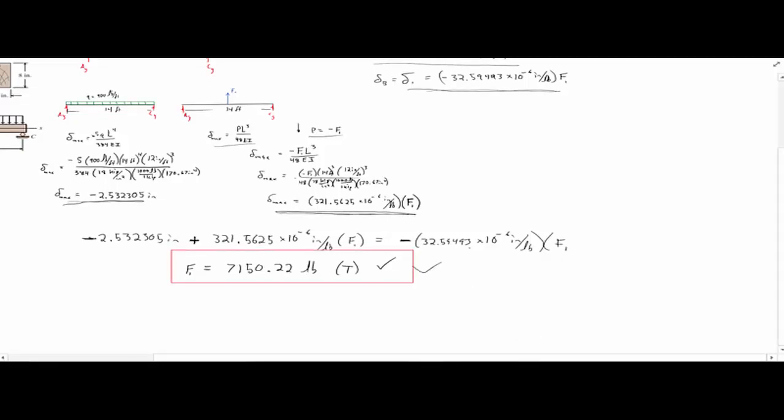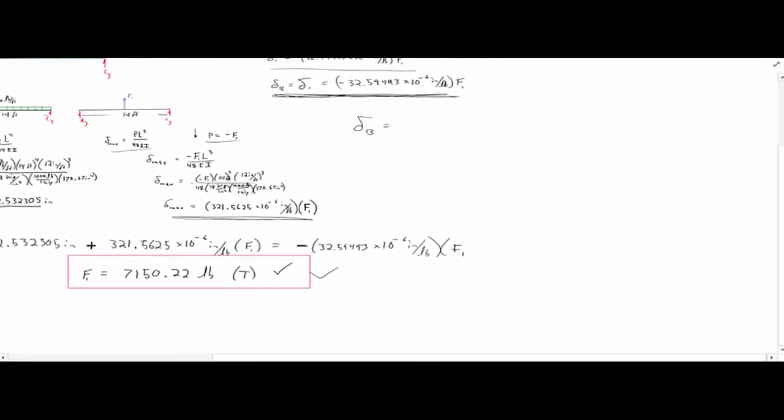So part C, I can now solve for the deflection at B, which we already determined is this equation up here, right? Once I know F1, I can just plug it in and solve for it. So negative 32.59493 times 10 to the negative 6 inches per pound, multiplied by 7,150.22 pounds.